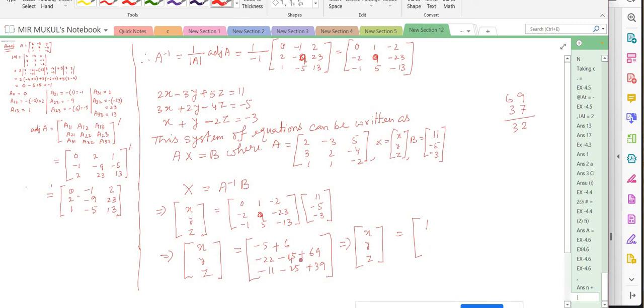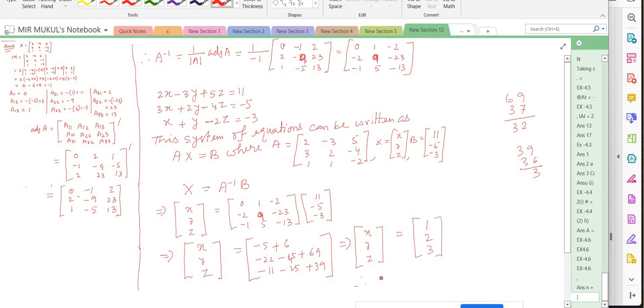So here it is 67 or here 69, so it should be 2. And here if we calculate this, then it is 39. Our negative number will be 36. So we are getting 3.